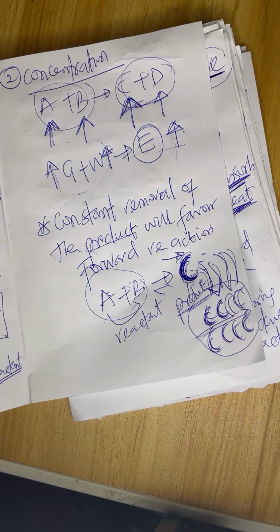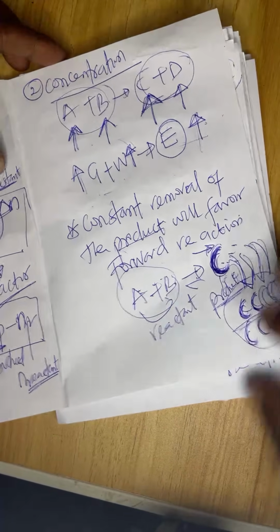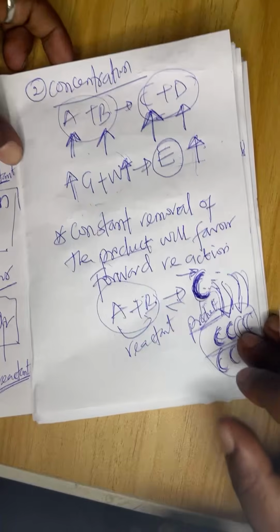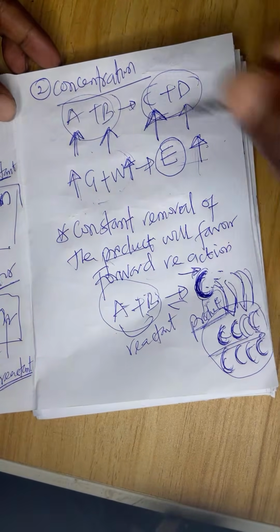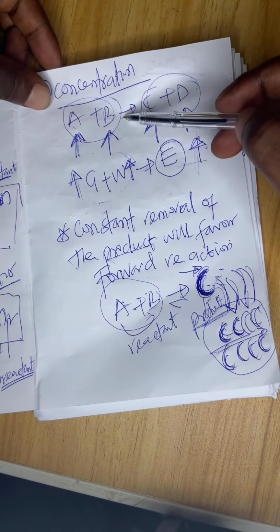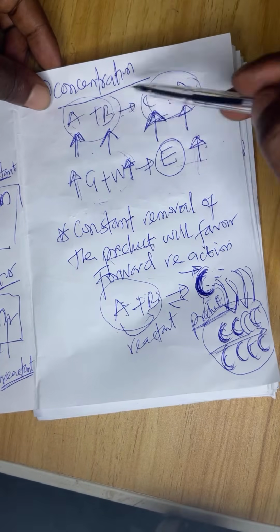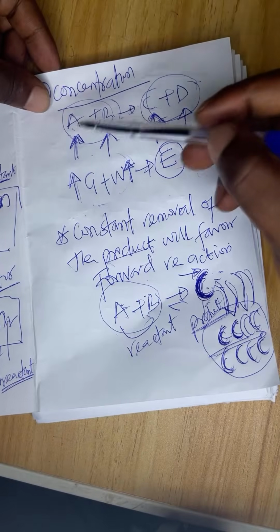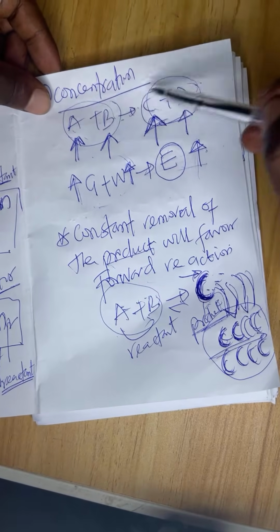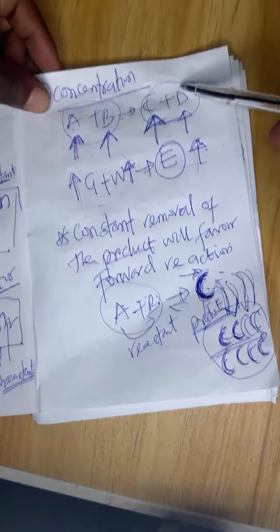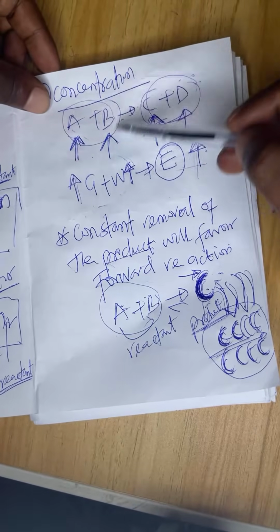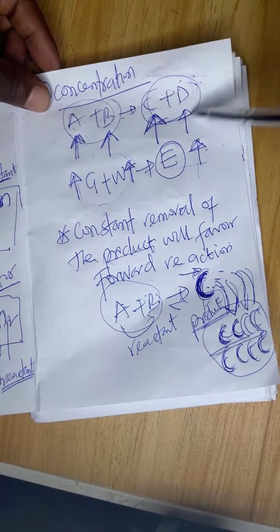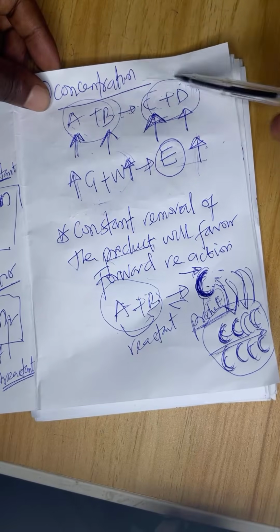Sir, can you please come again with the concentration? A and B form C and D. How do you form more of C and D? Increase A and B, and you form more C and D. So an increase in the reactants will result in an increase in the products, favoring the forward reaction.